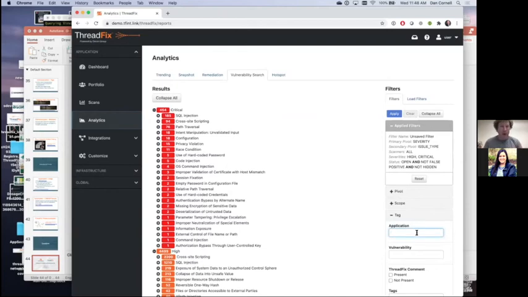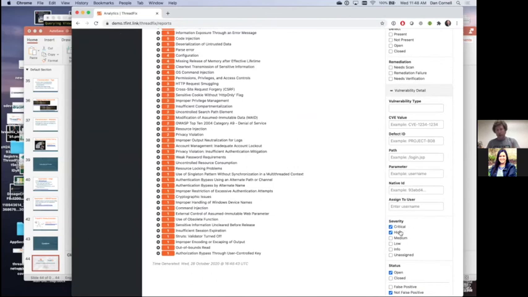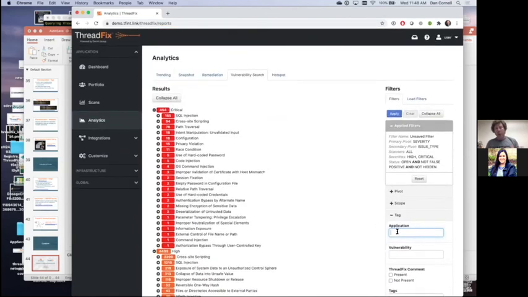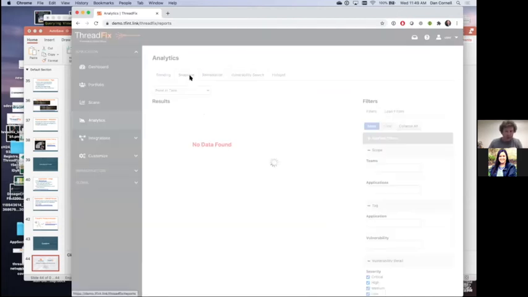This report's showing all the critical and high vulnerabilities. We could say that we only want to see those critical and high vulnerabilities for applications that are subject to PCI and those where we did our testing in production, for example. Those tags are an integral part of all the different reporting that we do. So we can look at this report only for applications with those specific characteristics.